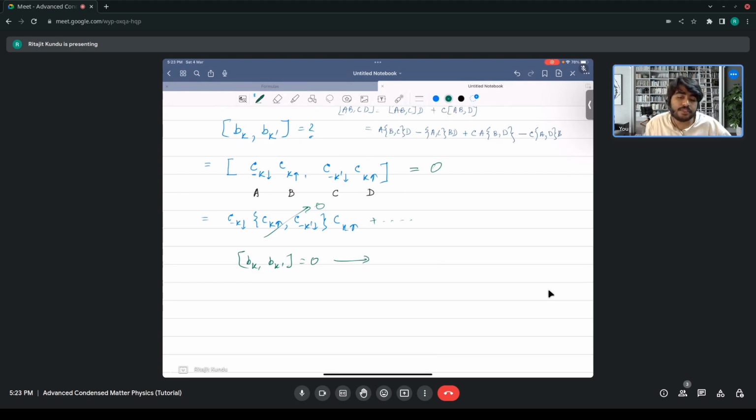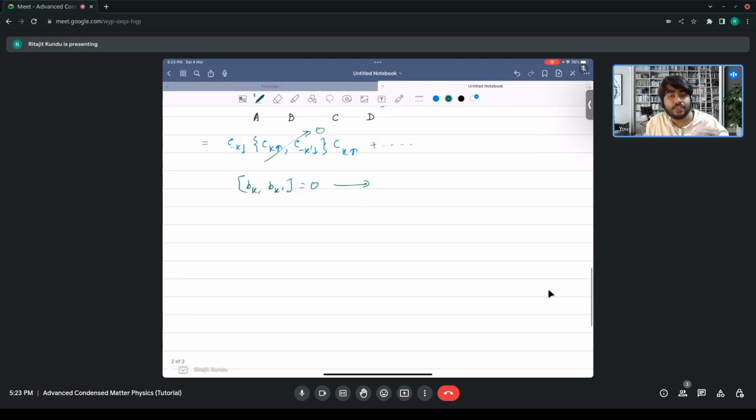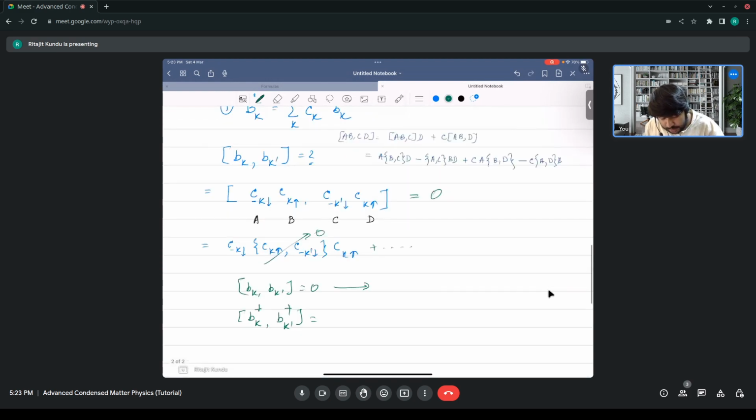Okay, so this is some signal that these are kind of bosons, but we have to exhaust all possible commutation relations so that we can really say so, for concreteness, we'll also do this for b_k^† and b_k'^†. Here also, if you use this identity, you will see that only the c dagger anti-commutation relations will appear, and you know that these are really 0.